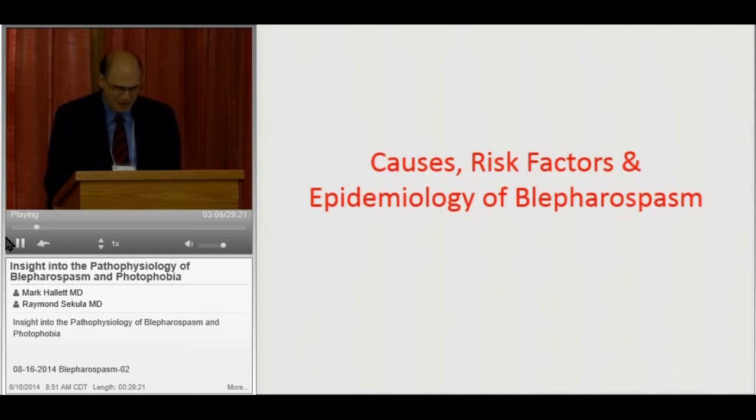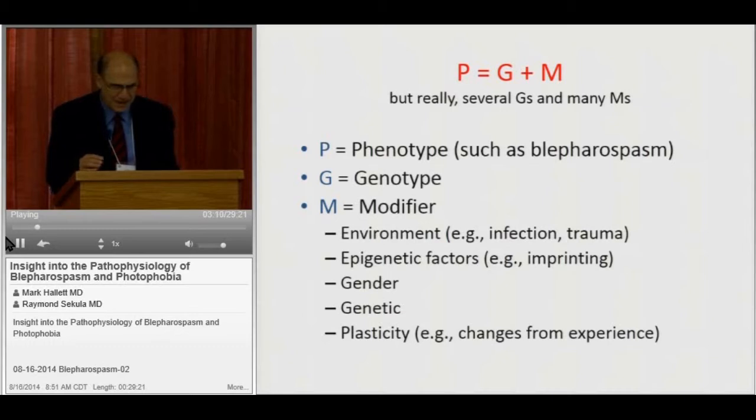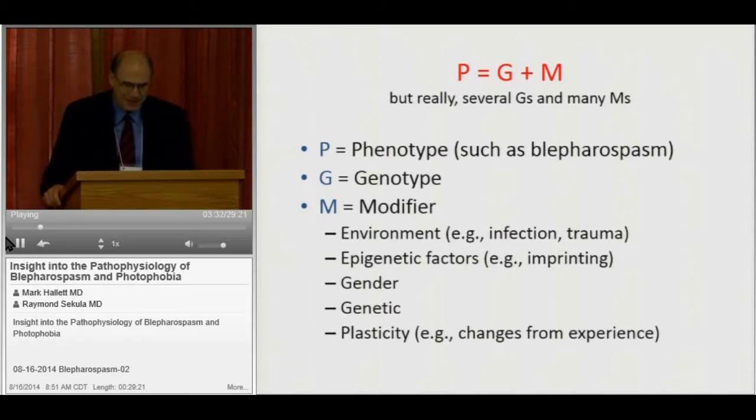The general way of thinking about disease or phenotype, and by phenotype we mean what are the characteristics of a particular disorder or a particular disease such as blepharospasm, is that we think of them as being a combination of genetic factors and modifiers. You can think of that as a phenotype P equals G, genotype, plus M, which are modifiers of various kinds.